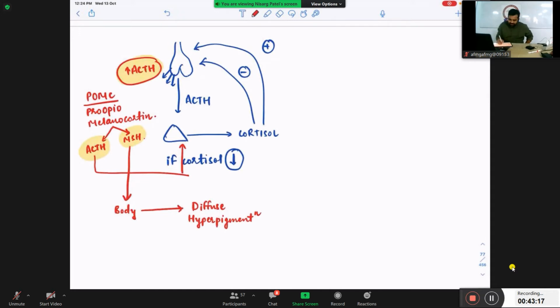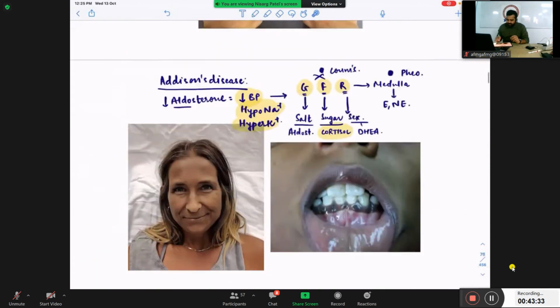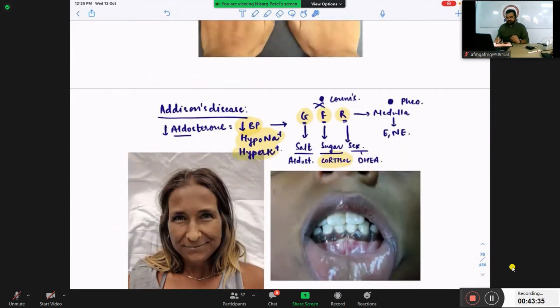याद क्या रखना है? How the ACTH is formed. तो इसे बता दो. See this. यहाँ से चालू करते हैं. Pituitary secretes which hormone? ACTH. To stimulate which gland? Adrenal gland. Adrenal gland secretes, as I told, aldosterone, cortisol and DHEA, dihydroepiandrosterone. कैसे याद रखोगे?